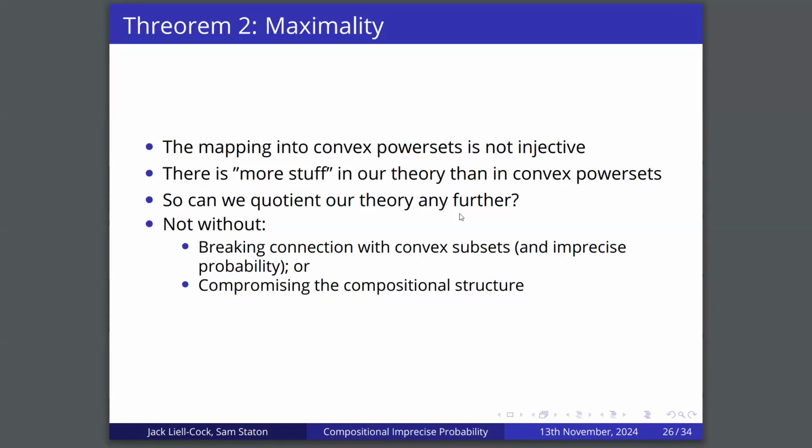So we won't have this correspondence between our language and imprecise probability. Or if we don't break that, we'll break the compositional structure. It will no longer be the case that we can compose programs willy-nilly and do this reordering of independent terms and affineness without changing the program.